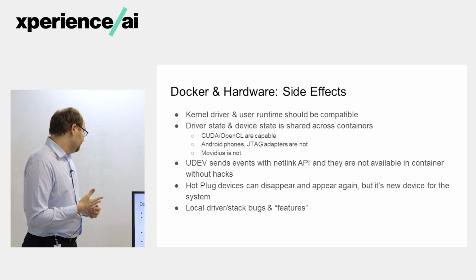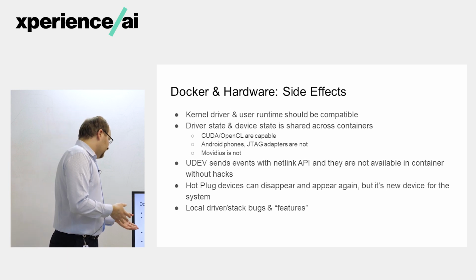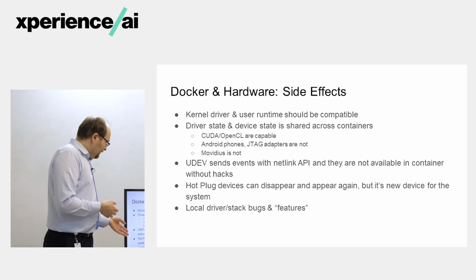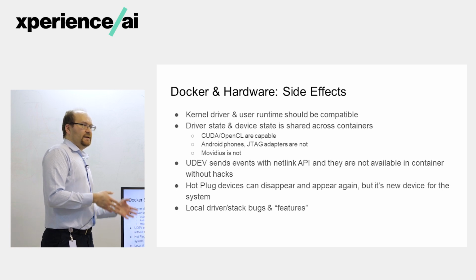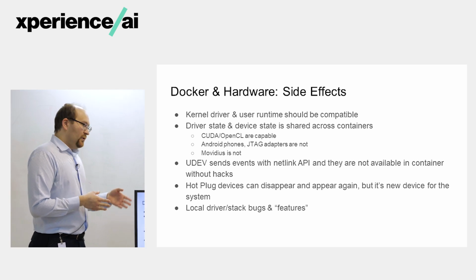Then we have hot plug devices like USB drives. Then there is UDEV. It's a daemon on your host system that manages access and some events. And you should know about it.